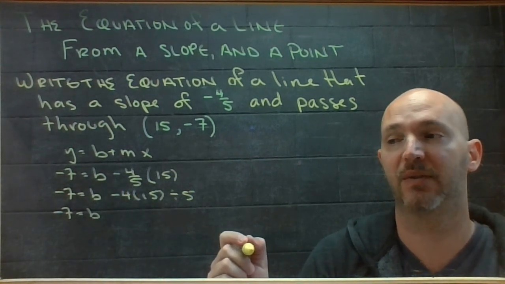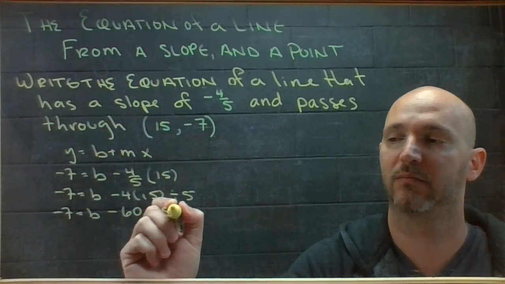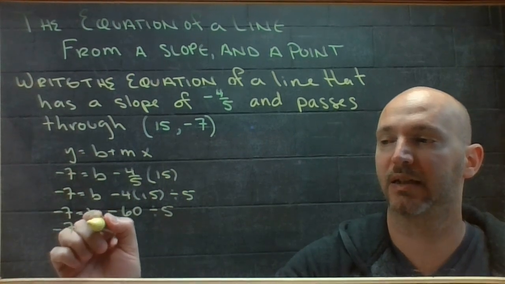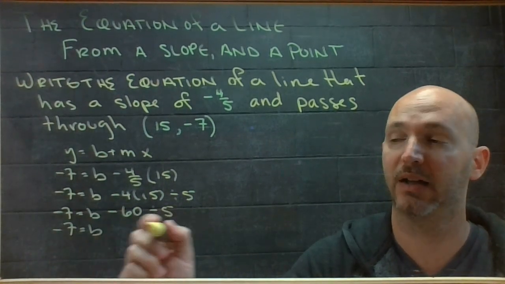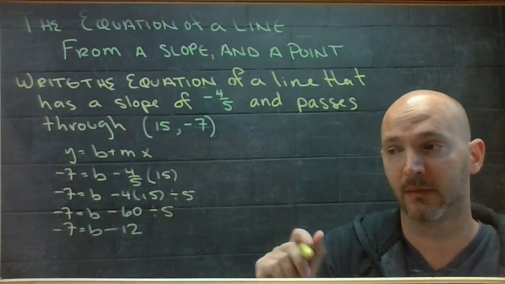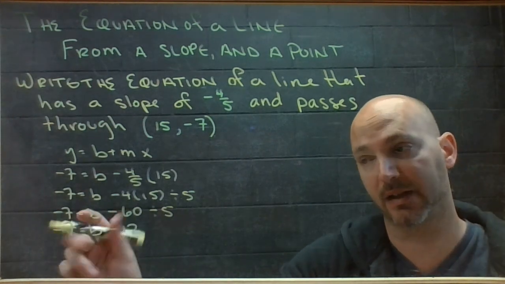-4 times 15 is -60. And then -60 divided by 5 is -12. So to get rid of this -12, I'm going to have to add it to the other side.